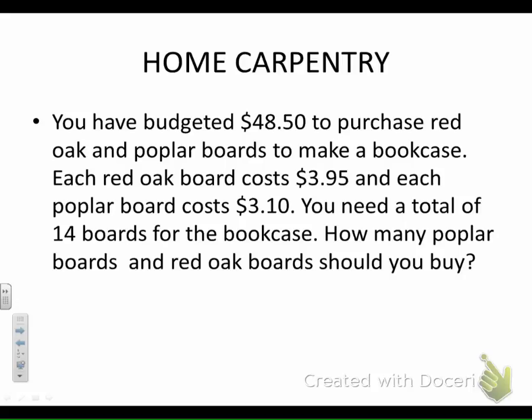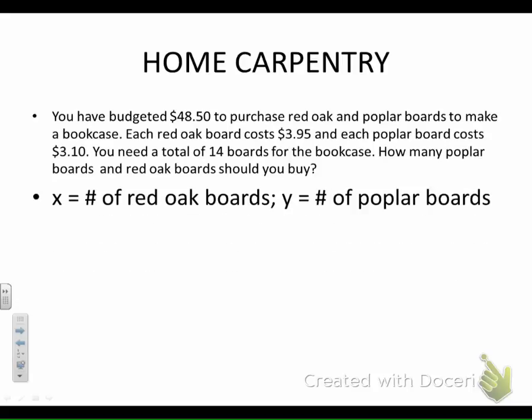With these problems, hopefully you already figured out what your variables were. I labeled x to be my number of red oak boards, so just be careful. If you labeled it differently, just make sure those go in the appropriate places. So if you had x being poplar boards, just realize our answers will be switched.